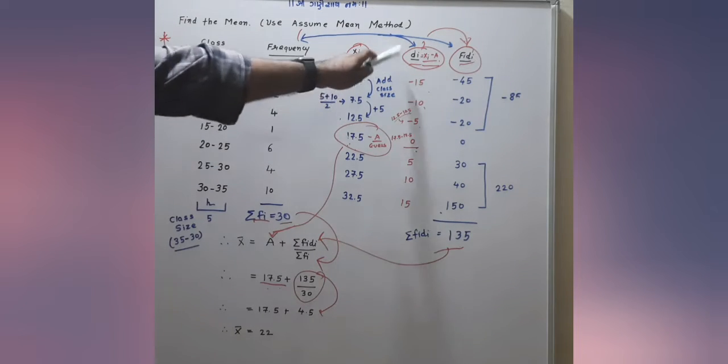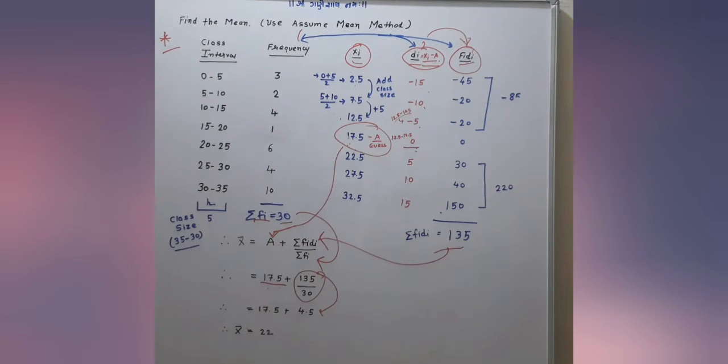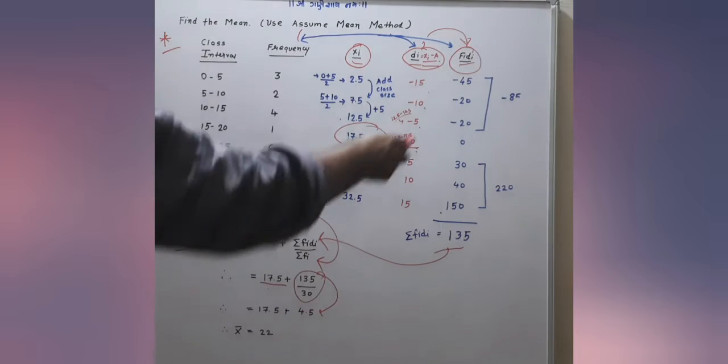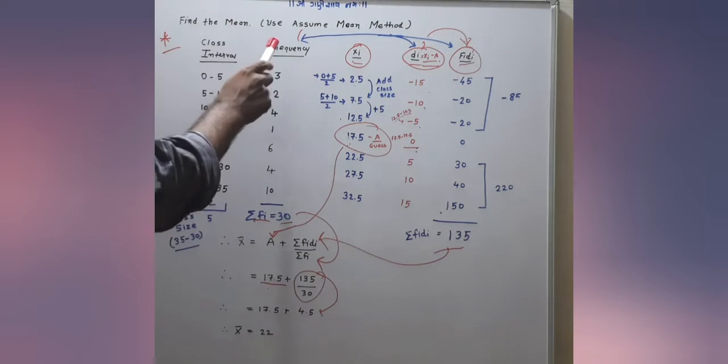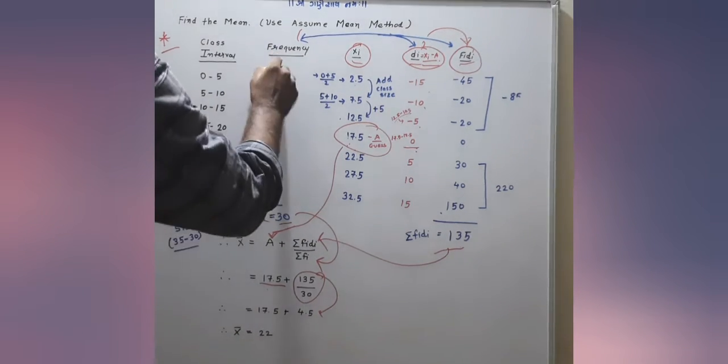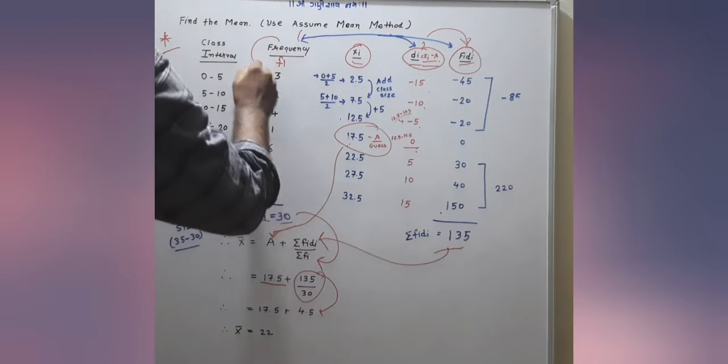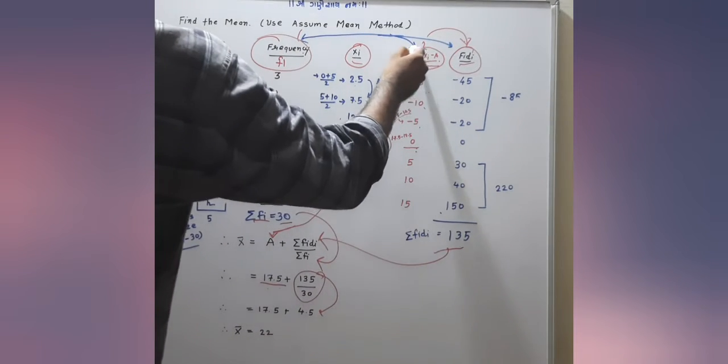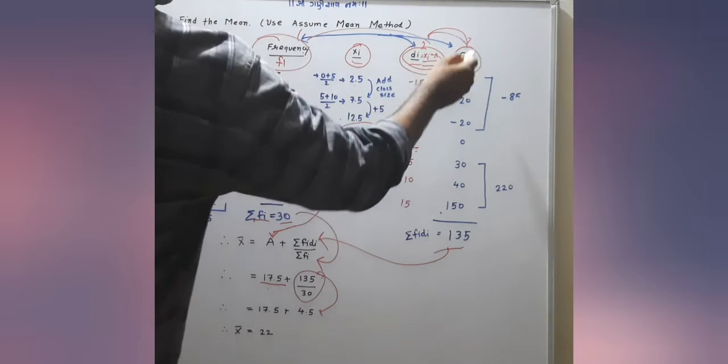And after getting the di, I just have to do fidi. For fidi, that is my fi multiplied with the di, and so I got fidi.